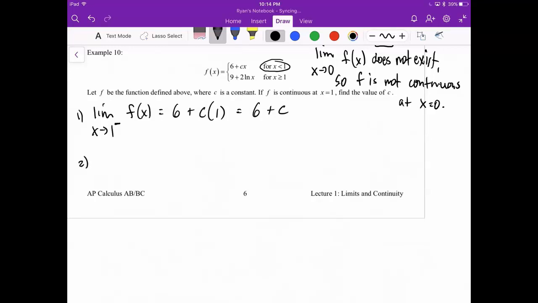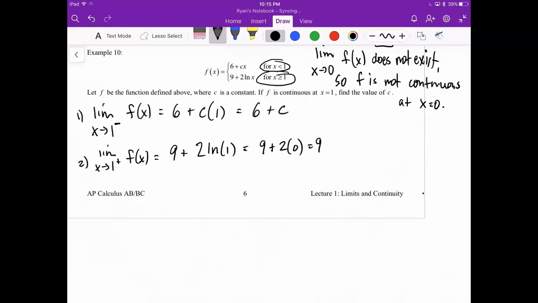The second thing is I want to now find the limit as x approaches 1 from the right of f of x, which in that case means I'm going to be using the 9 plus 2 ln of x, since if I'm plugging in x's that are bigger than 1, I'm using this second branch. So that's going to be 9 plus 2 times the ln of 1. You do need to have memorized that the ln of 1 is equal to 0, so this is 9 plus 2 times 0, which is equal to 9.